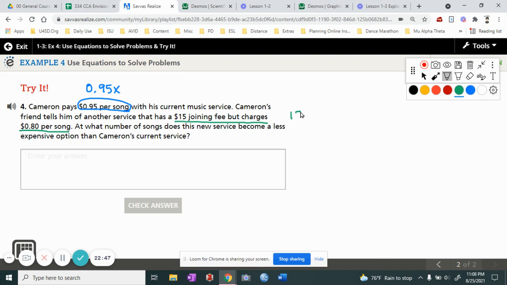So $15 to join plus 0.80 per song. Or you can use S for song. I use X because my S's look like fives. All right. So set up your equation, solve for X, and help Cameron make a decision.